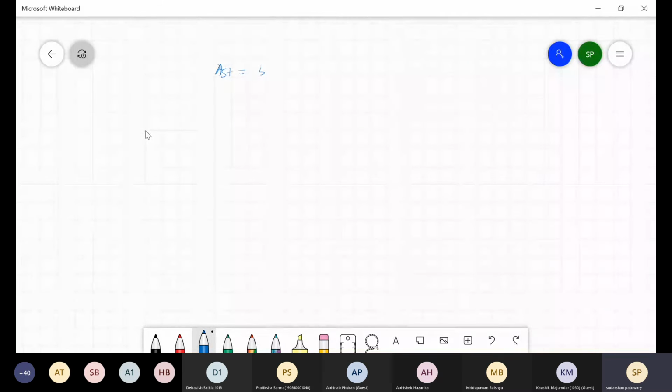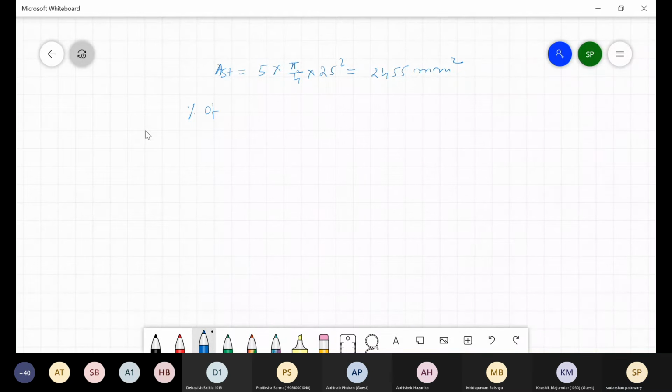Ast is equal to 5 into pi by 4 into d square, that is 25 square. This is how much? 2455 mm square. So percentage of reinforcement is Ast by bd into 100.